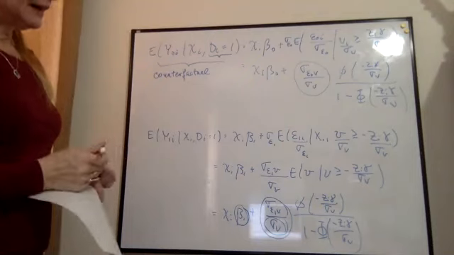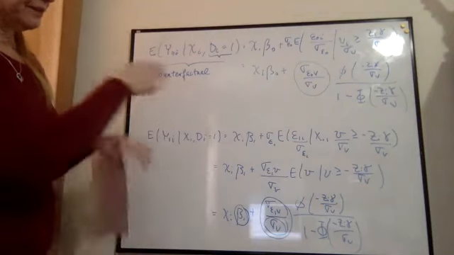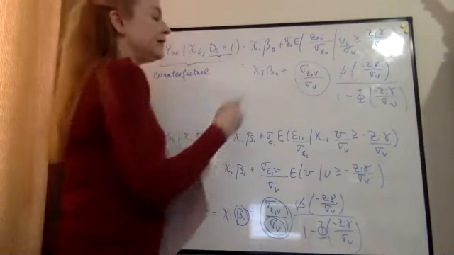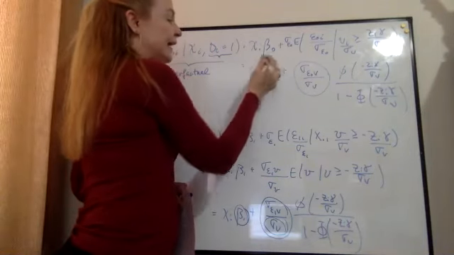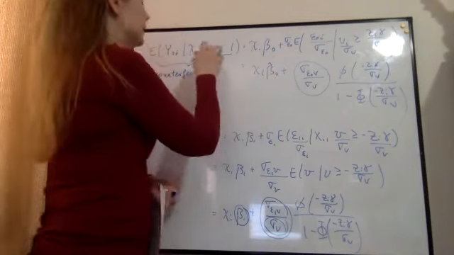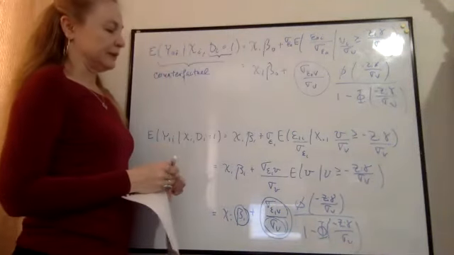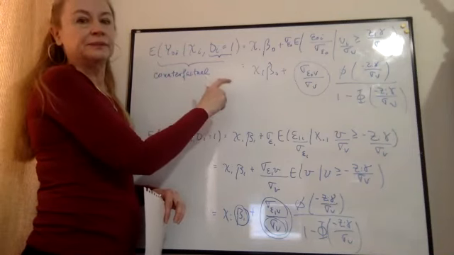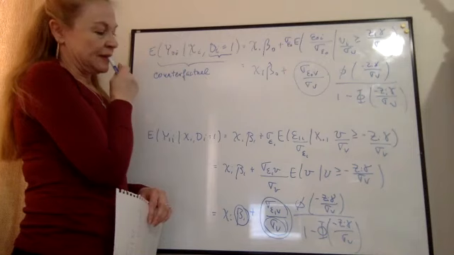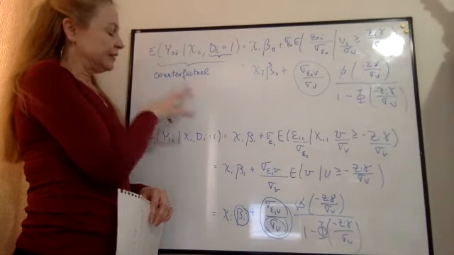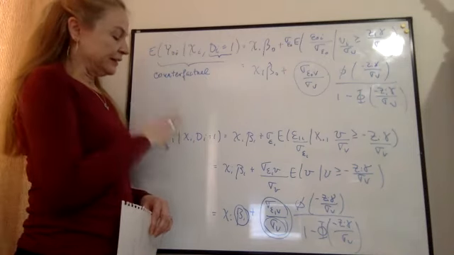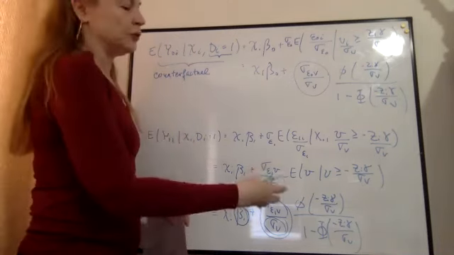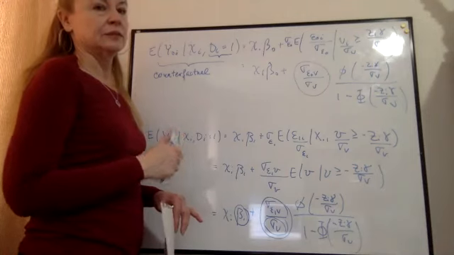So I'll make a little handout to give you some guidance on how to get these things. This beta hat, you'll get from the regression when you use the DI equals 0 people. And then this is constructing the counterfactual, okay? And so then you can figure out what's the effect of going to telesecondary versus a regular school for the people who went to telesecondary school.